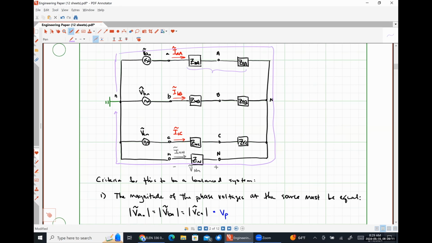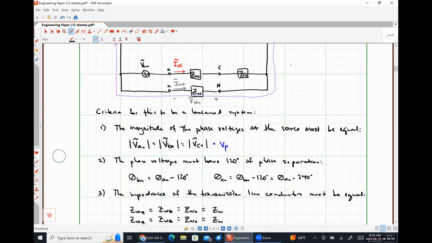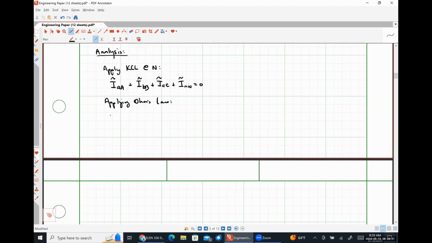So I would have something like minus VAN plus IAA times ZWA plus ZYA, lumping those together, plus VNN is equal to 0. Rearranging that expression, I would wind up getting the relationship VAN minus VNN divided by ZWA plus ZYA is equal to IAA.